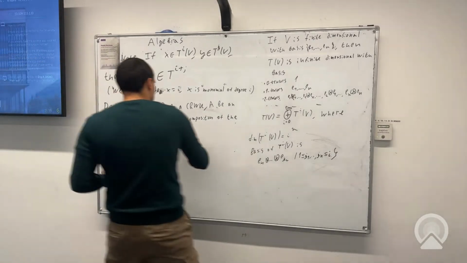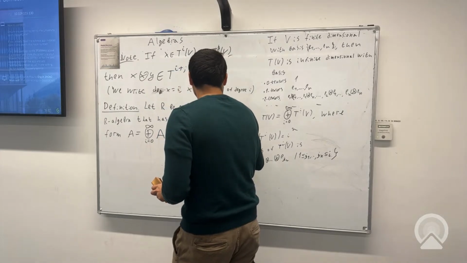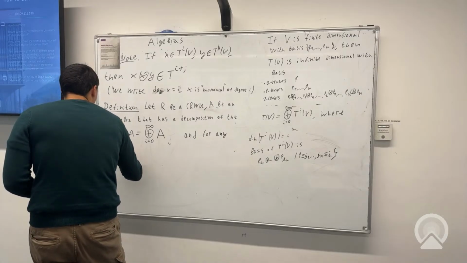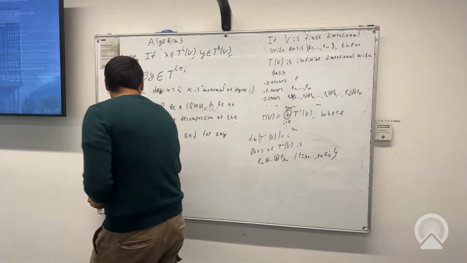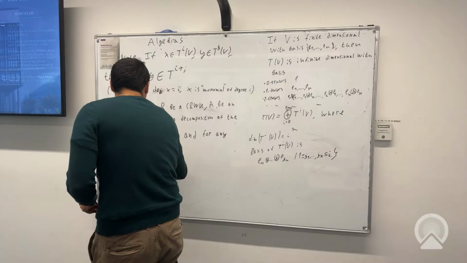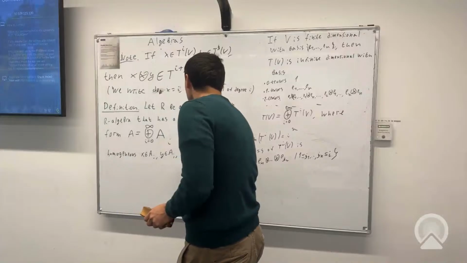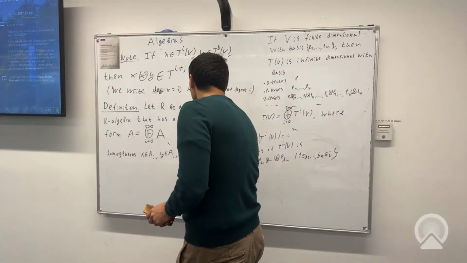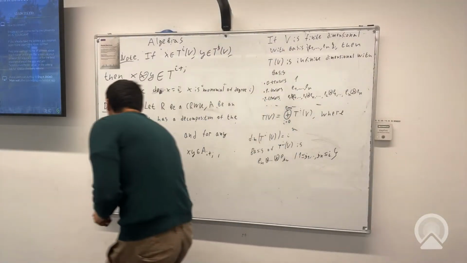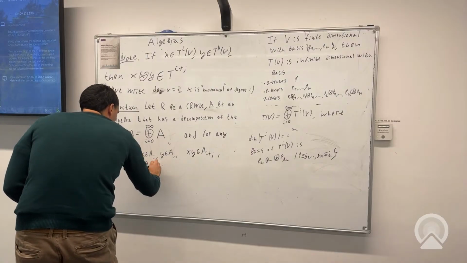And for any homogeneous x in A_i and y in A_j, x times y is in A_{i+j}. If we have this property, we say that A is a graded algebra.